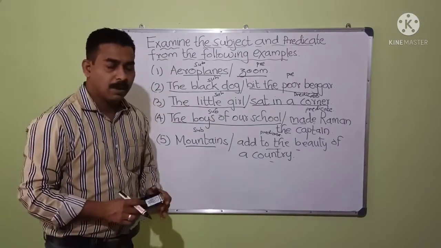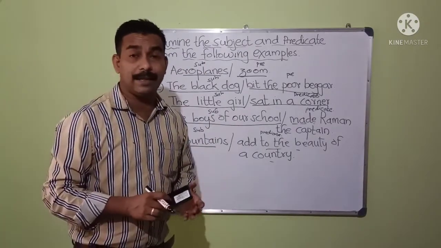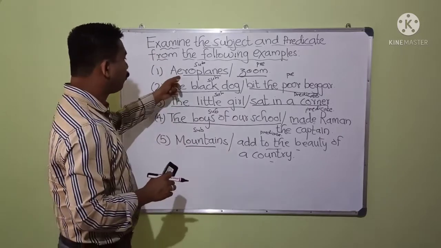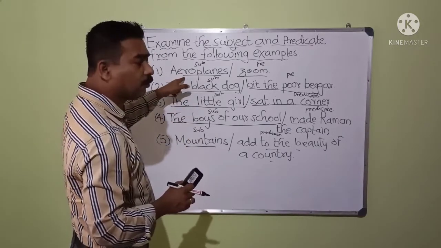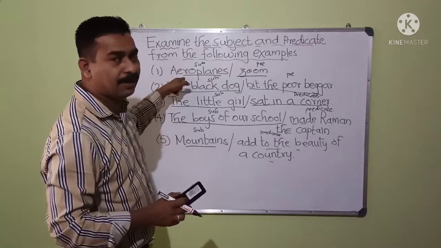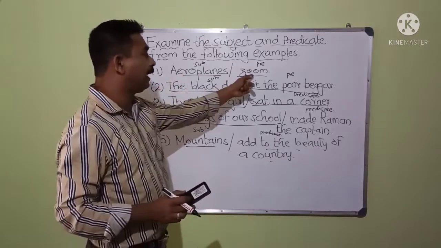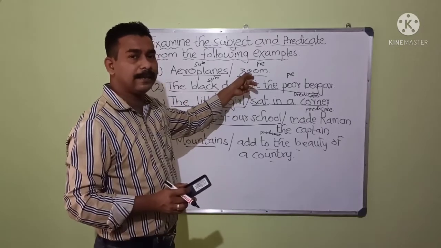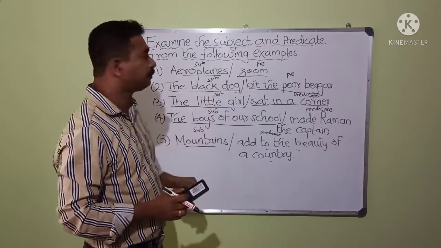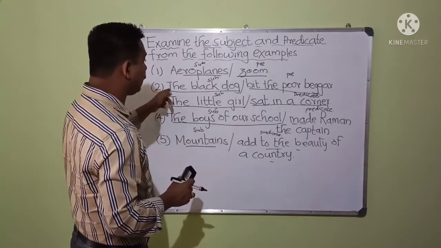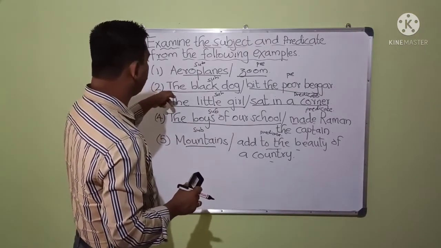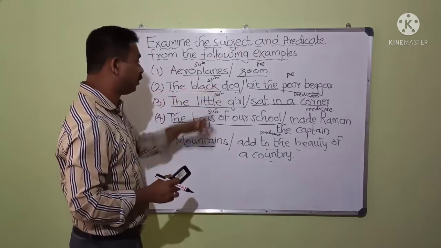Well, what do you learn from these examples? In the first one, we have only one word as the subject. The predicate also contains a single word. In the second example, the subject contains 3 words.